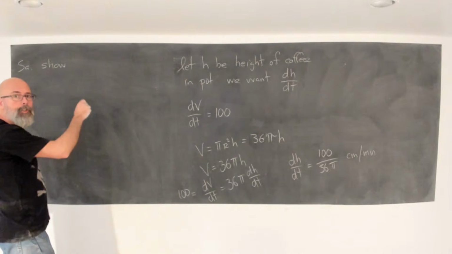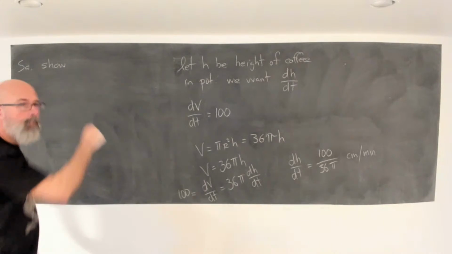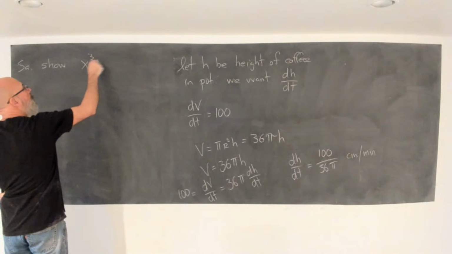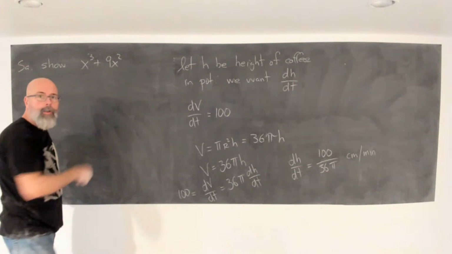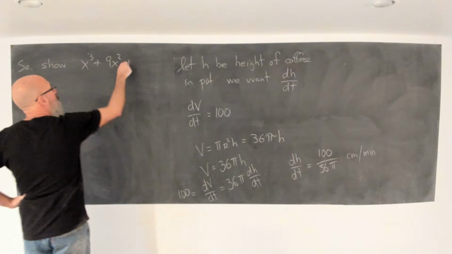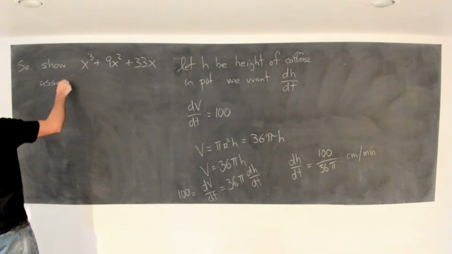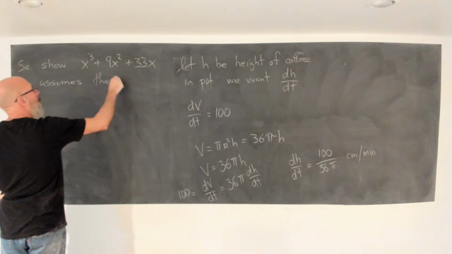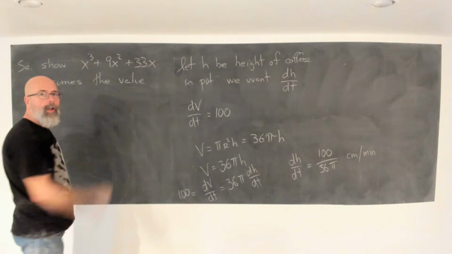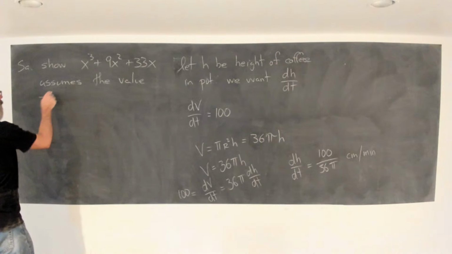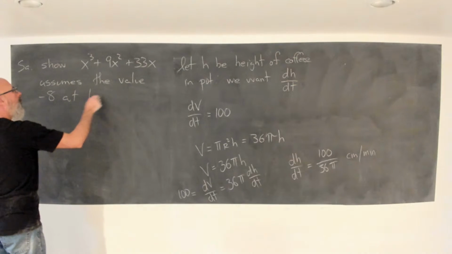Prove that the function x cubed plus 9x squared plus 33x assumes the value -8 at least once.